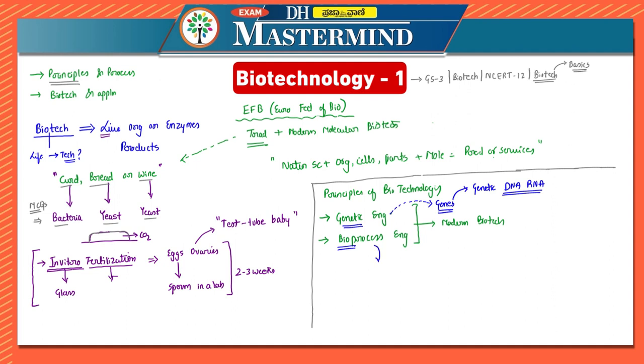Then what is bioprocess engineering? This is the maintenance of sterile ambience in chemical engineering processes. For example, here there are products like antibiotics, vaccines, enzymes, etc. So this is the maintenance of sterile ambience in chemical engineering processes, in order to enable growth of only the desired microbe.